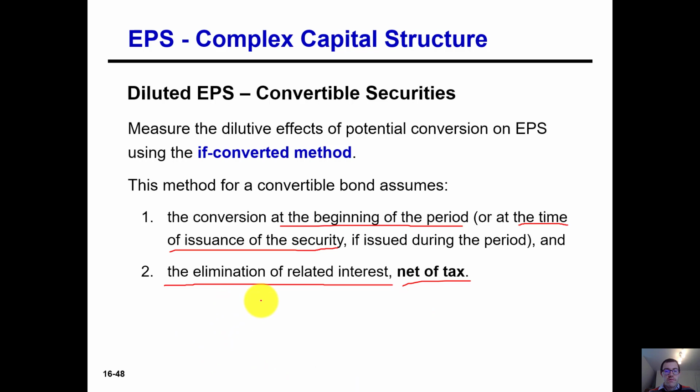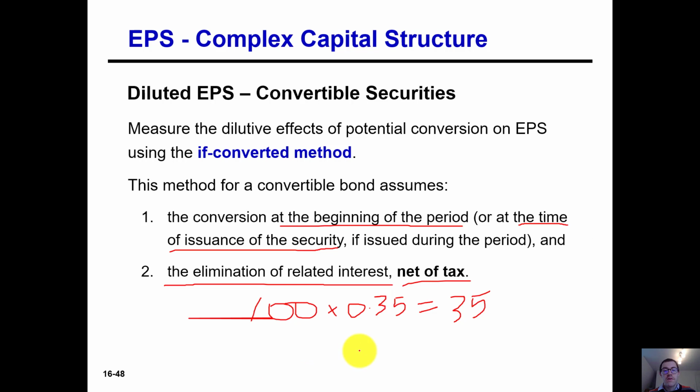All right, so if you say you save $100 on interest, and let's say the tax rate is 35%. Well, then you don't save the whole 100, because if you had paid the interest, you essentially would have saved $35 on taxes.